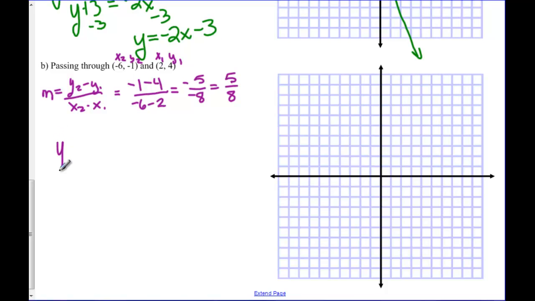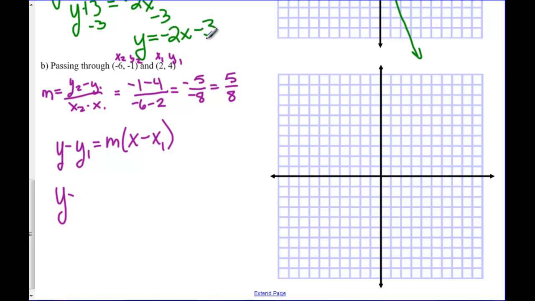So now we need the line. So we're thinking about y minus y1 equals m times x minus x1. And we're just going to plug in our x1 and y1. So we have y minus, and I'm going to actually go with the second point again to prove to you we get there.